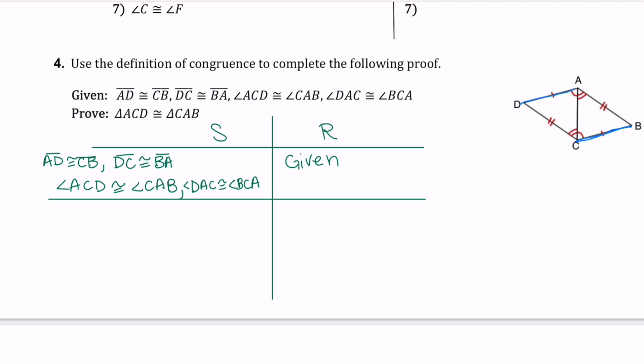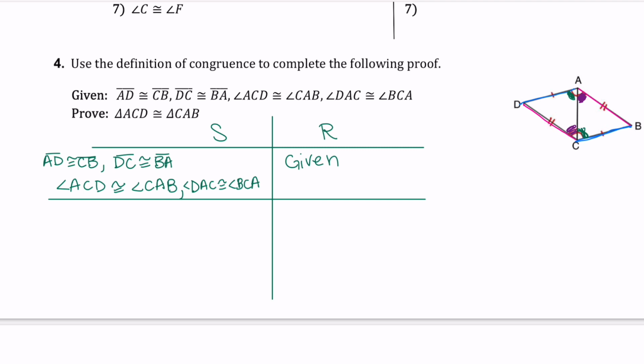We know that DC is congruent to BA. ACD, this one here, is going to be congruent to CAB, which is this one here. Those two angles are the same. And then we have DAC is going to be congruent to BCA, which is this one here.